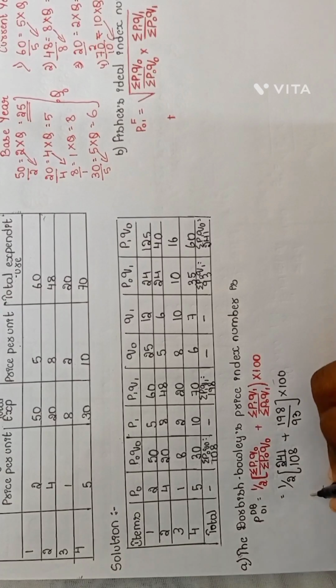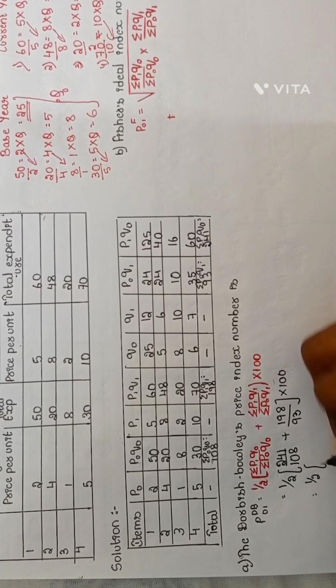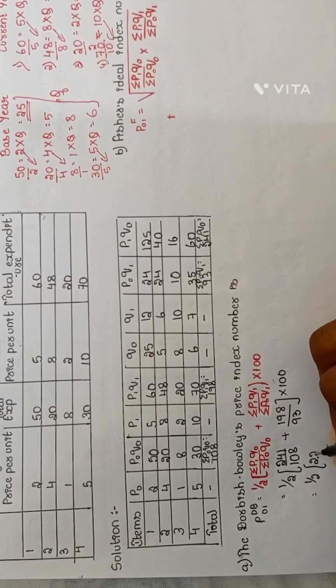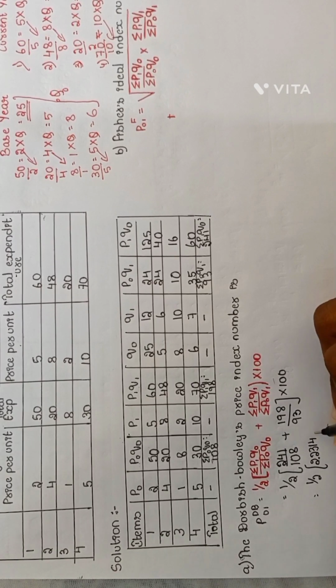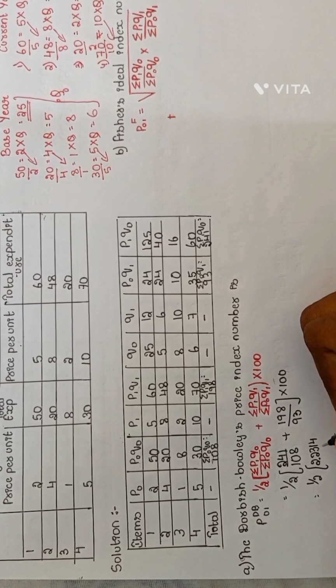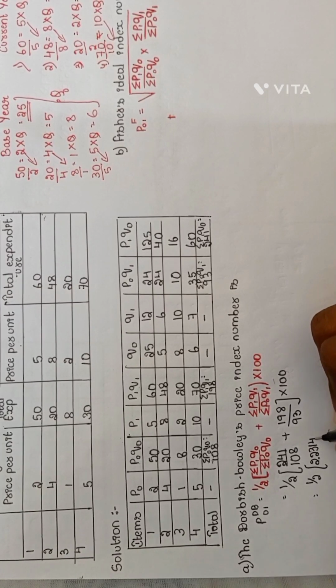Okay, so first let me divide this. So 241 divided by 108 is 2.2314. After the point, let me take 4 digits.